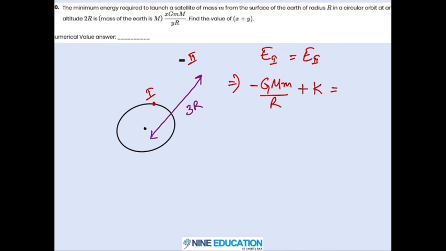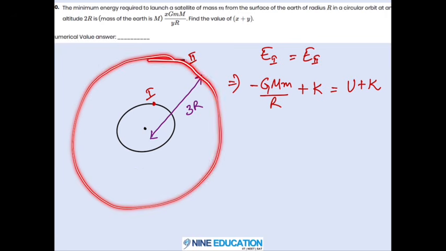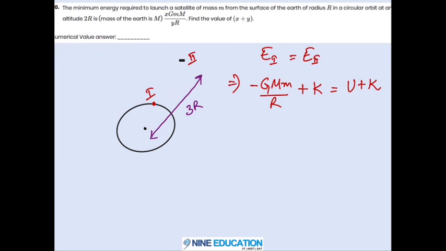That is equal to total energy at point 2. Total energy at 2 is potential energy plus kinetic energy. I don't have to write potential energy and kinetic energy separately. You already know the total energy of an orbiting satellite. It's directly equal to minus G capital M small m by 2 into the radius of the orbit. The radius of the orbit is 3R.